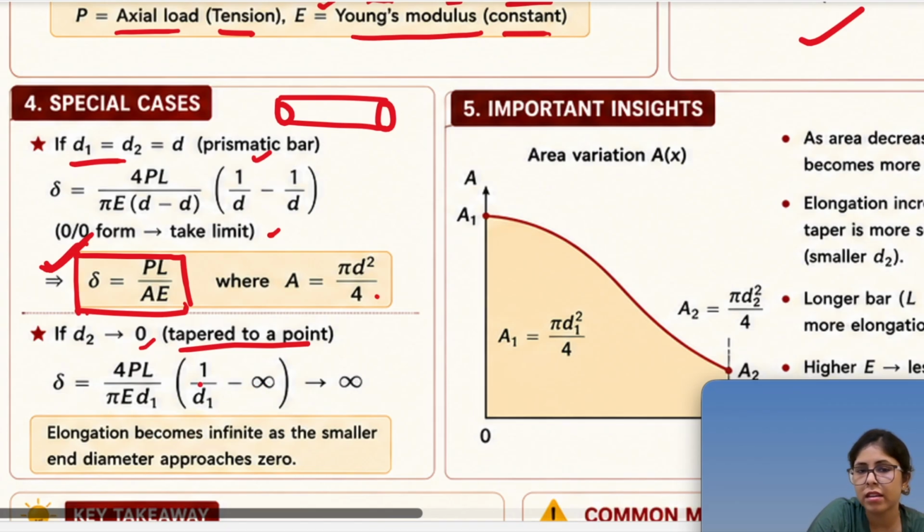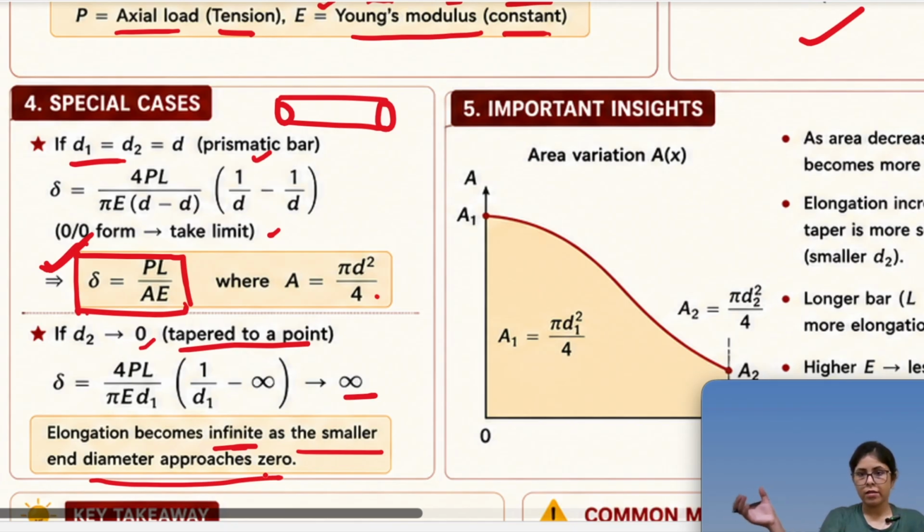If you are doing anything minus infinity, it will go up to infinity only, right? So that elongation becomes infinite as the smaller end diameter approaches 0. In this case, if you apply load, the deformation will be infinite. If the load is there, deformation will simply go on and on. So these are the two special cases for tapered bars.